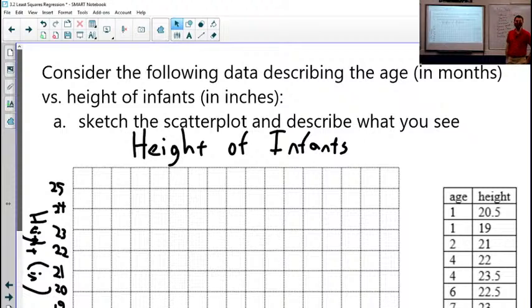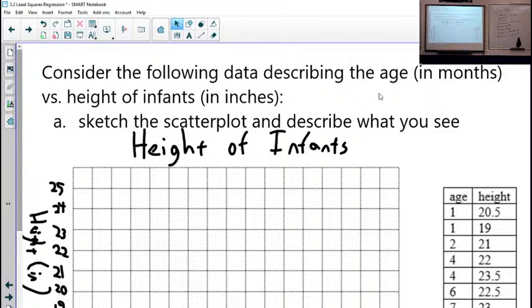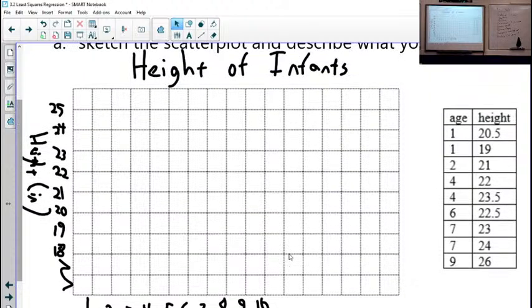So this part should not be new. This is stuff we did last week. So we have age in months and height in inches. I went ahead and got my scale. So you should be able to both make this by hand and get it in the calculator.